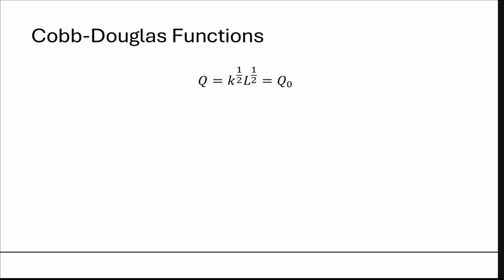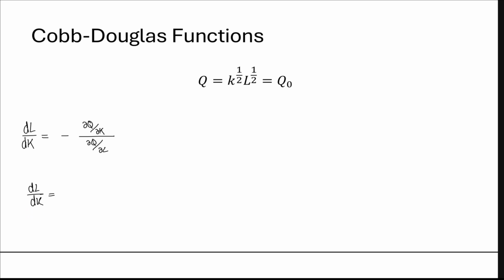If we work out dL by dk, so the change in labour with respect to capital, we get the function differentiated partially with respect to k over the function differentiated partially with respect to L.